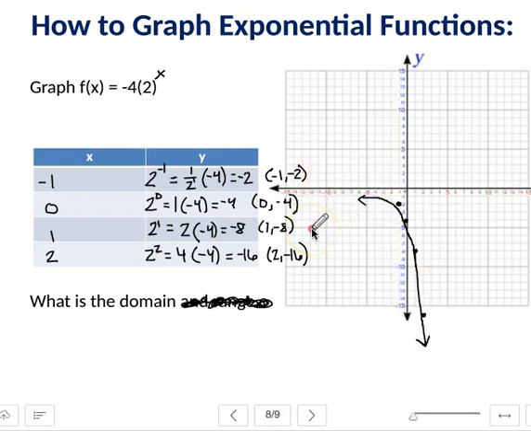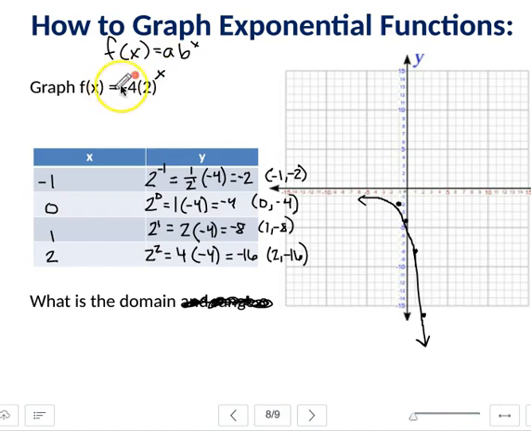The reason we're going downward is because of this number right here, the A, the negative 4. Remember, f of x equals a times b to the x is our general format for an exponential function.